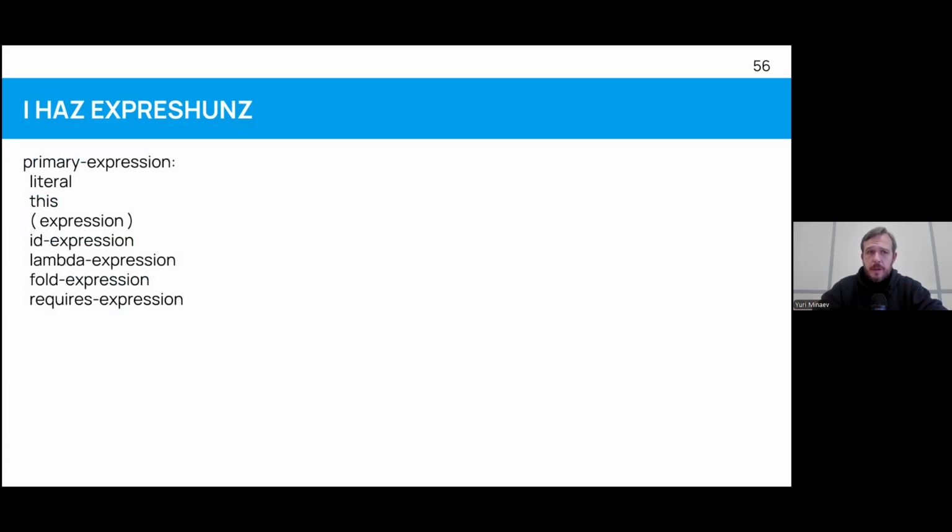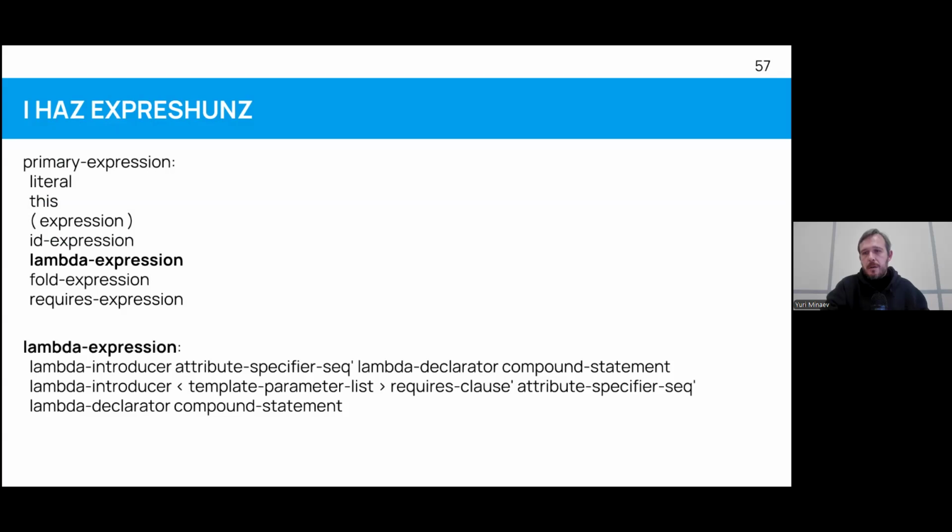Because if you look at the primary expression, which is the lowest possible type of expression, it's like literals and IDs and stuff like that, you have lambda here. So the most basic expression is a lambda. Well, one of the most basic expressions is a lambda. And in lambda, you have things like compound statements, declarators, and a lot of stuff beside that.